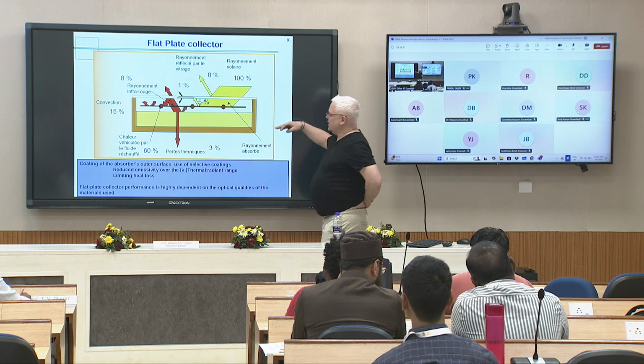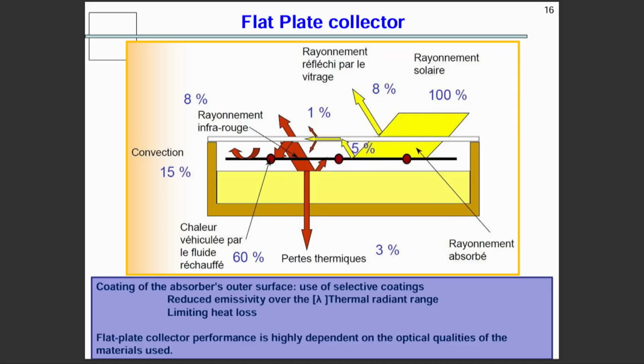Okay, so regarding a flat plate collector, when we receive 100% of solar radiation, there is 8% which is reflected, usually. Then after, you have 15% which is lost because there is air and there is convective transfer between the absorber, the glass and outside.